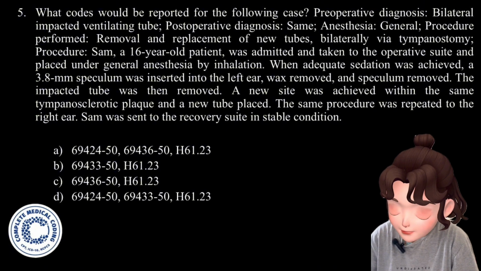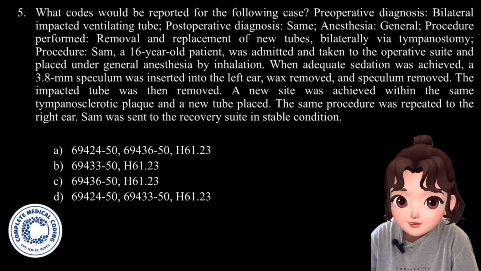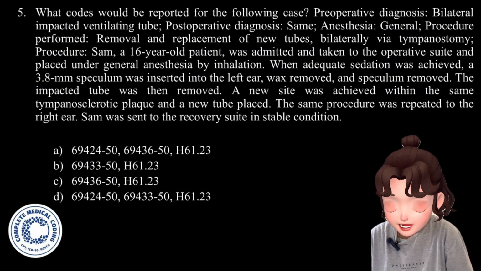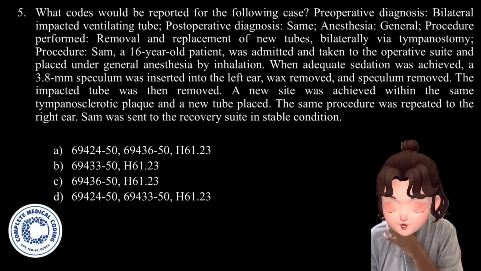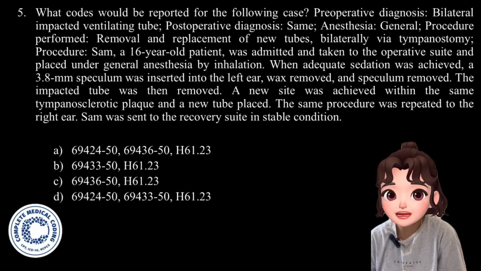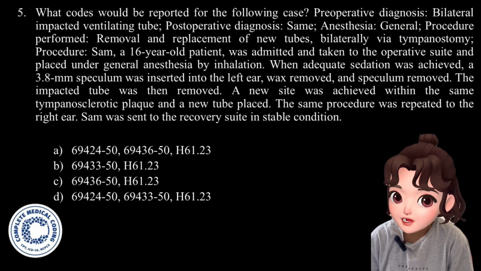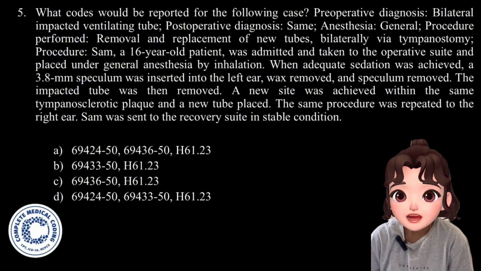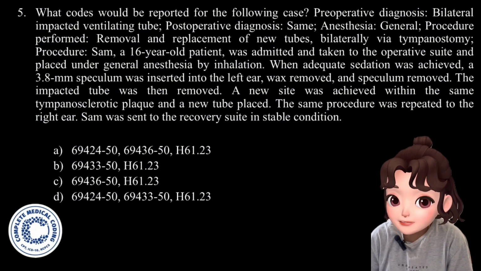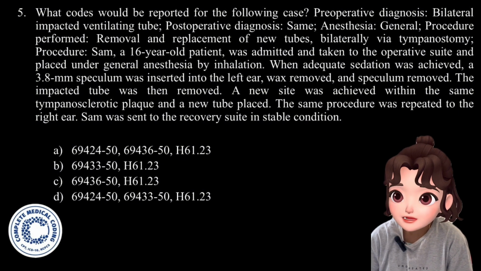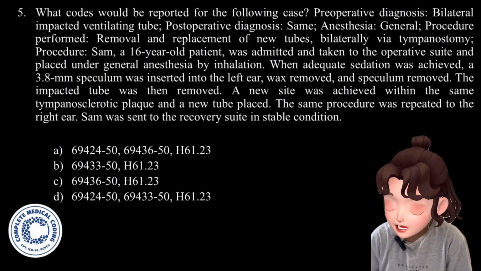69424. What is 69424? It is ventilating tube removal requiring general anesthesia. This is not ventilating tube removal, but tympanostomy, so that is the wrong option. What is option B? 69433.